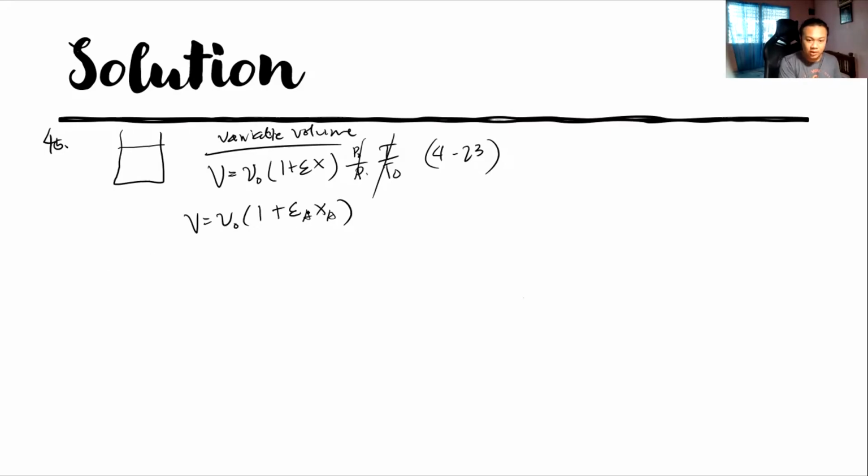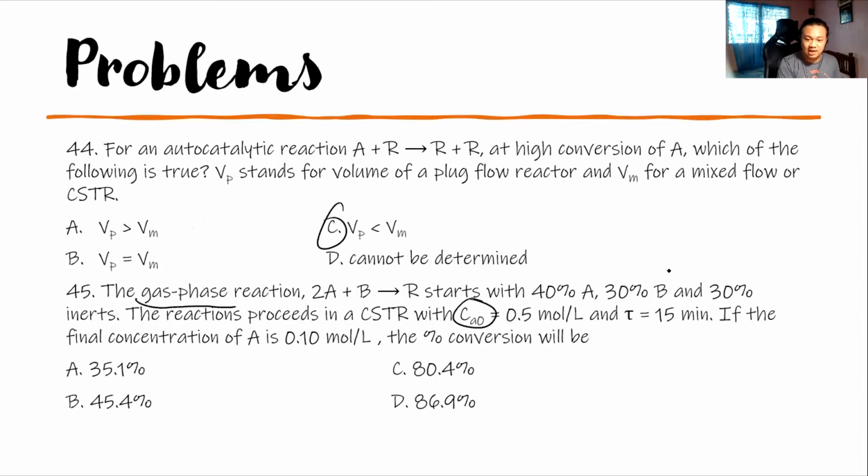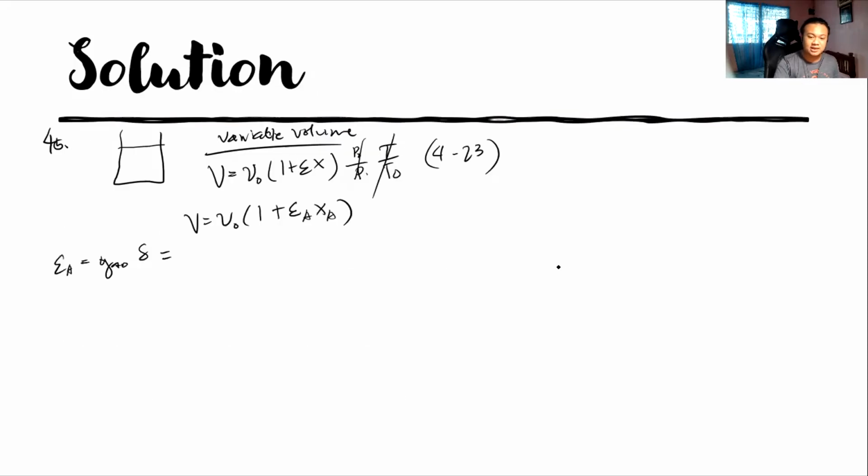Okay, so we have to plug in now. And what is epsilon? Epsilon is equal to y A0 times delta. So y A0 is actually the initial concentration of A, you have 40%, so 0.4.